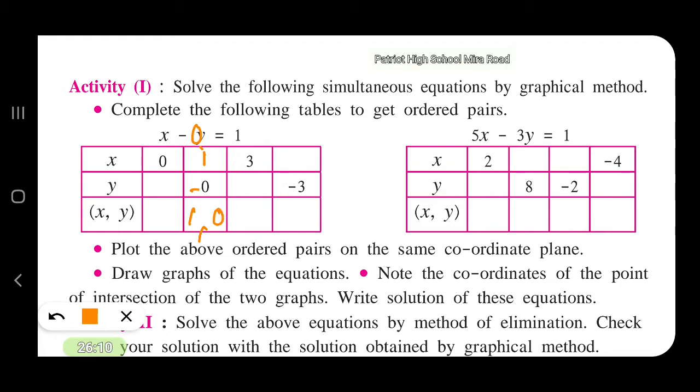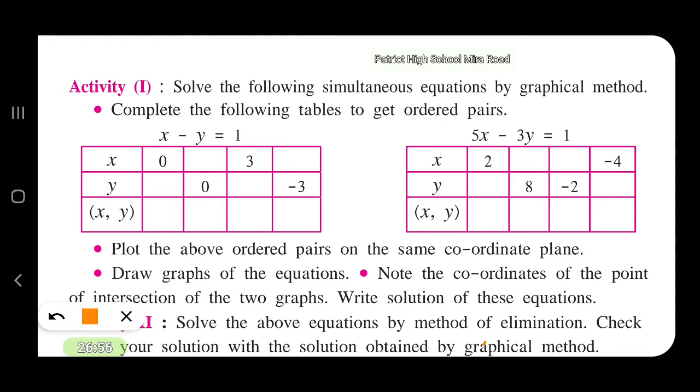Now the third ordered pair. If x is equal to 3, what will happen? 3 minus y is equal to 1. Therefore minus y is equal to minus 2, or y is equal to 2. So the ordered pair will be 3, 2. The next one, the last ordered pair.